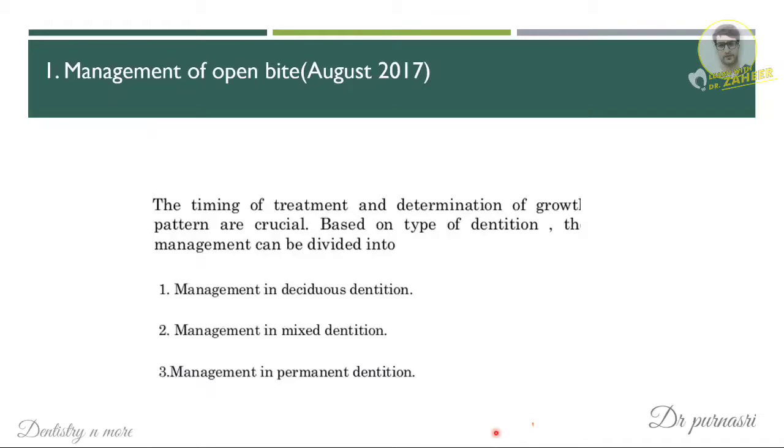And management of open bite, based on the timing and determination of growth pattern and the type of dentition, can be divided into management in deciduous dentition, mixed dentition and permanent dentition. You can explain the management under these headings.